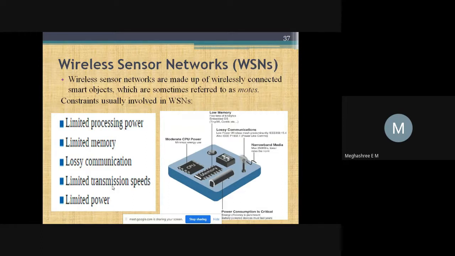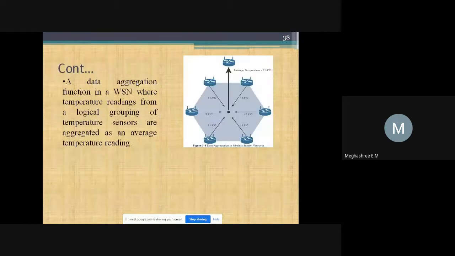Because of this, whenever wireless sensor networks are used, these are the reasons why you can't scale to a larger extent. Another example is given in this diagram, where nodes are deployed and all these nodes are wirelessly connected.